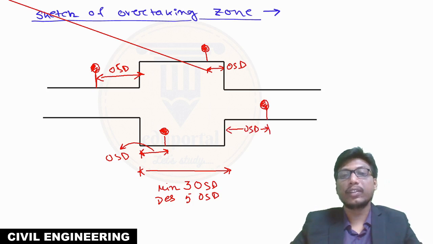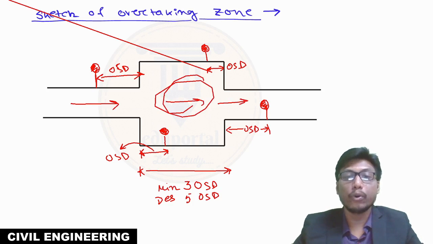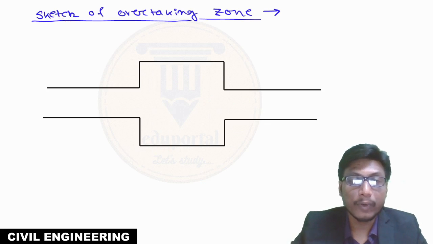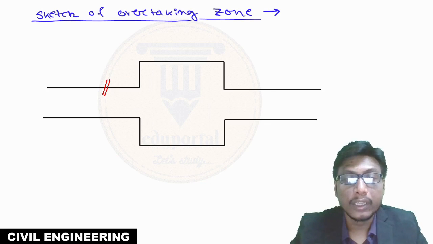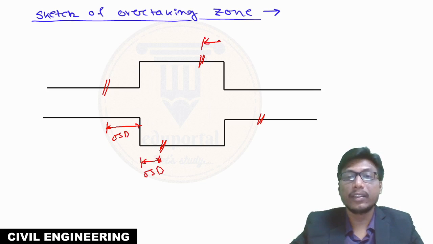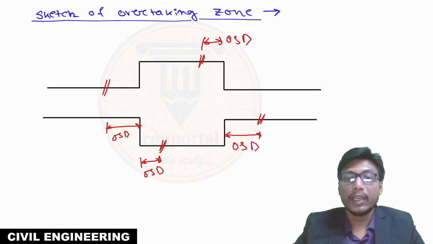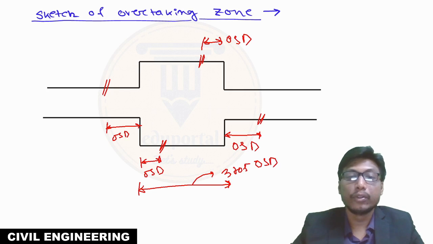So this is the diagram, and this is the overtaking zone, which is intentionally provided. Here is one signpost, here is one, here is one, and here is one. So this distance is OSD, this distance is OSD, this distance is OSD, and this distance is OSD, and this entire distance is 3 to 5 OSD. So this is the overtaking zone.